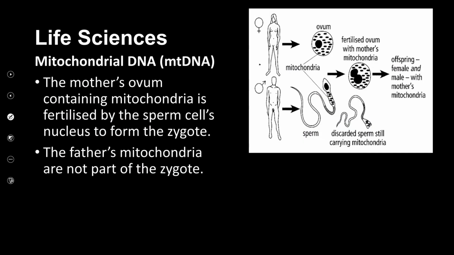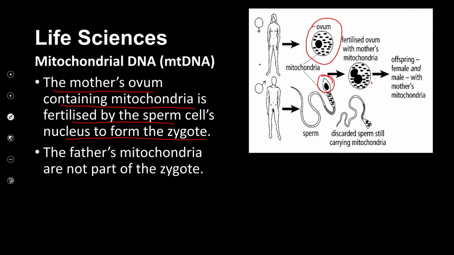Right, so mitochondrial DNA, or mtDNA, comes from the mother's ovum, which contains the mitochondria. When it's fertilized by the sperm cell, it becomes the zygote. So the mitochondria come from the mother. In this diagram we see the ovum with mitochondria. When the sperm cell penetrates the ovum, all that goes in is the nucleus.